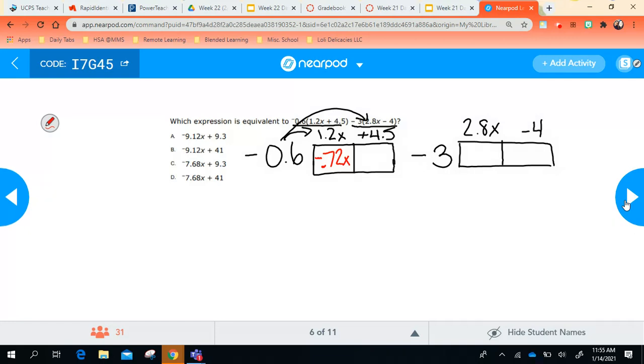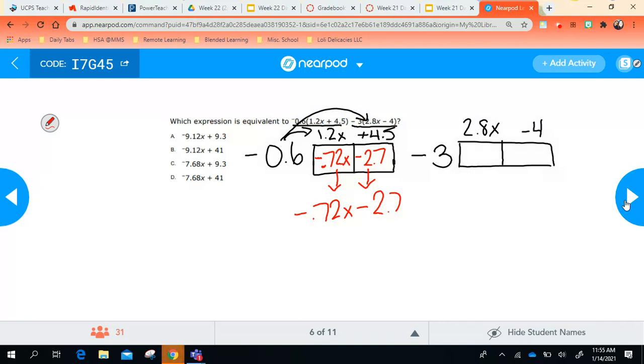Everyone decided they were going to look down, so now I get to call on people to practice using their calculator. Negative 0.6 times 4.5. Negative 2.7. So I'm going to bring it down. Negative 0.72x minus 2.7. Don't forget to bring down the variables.